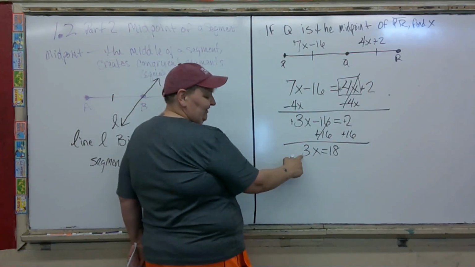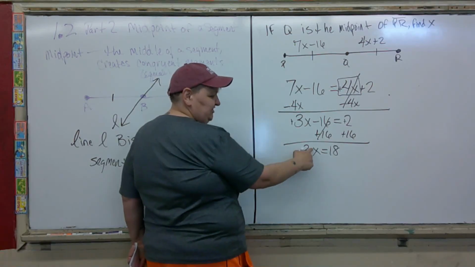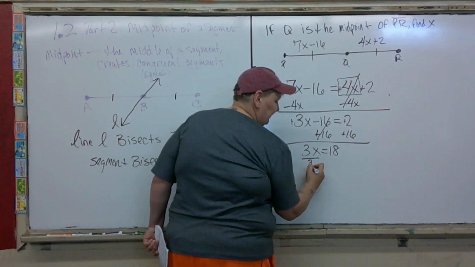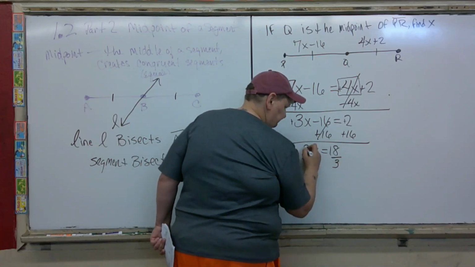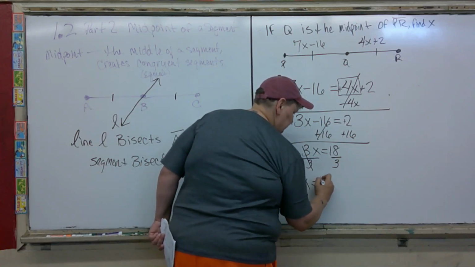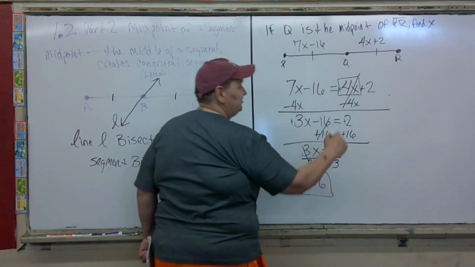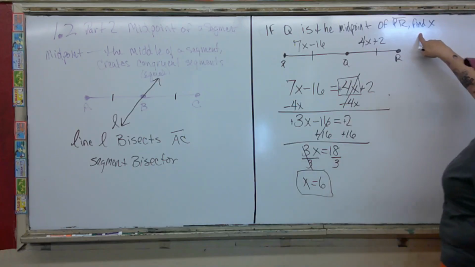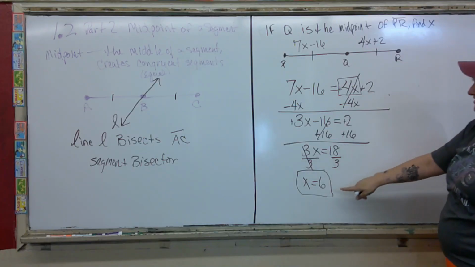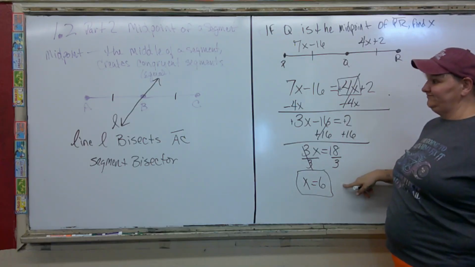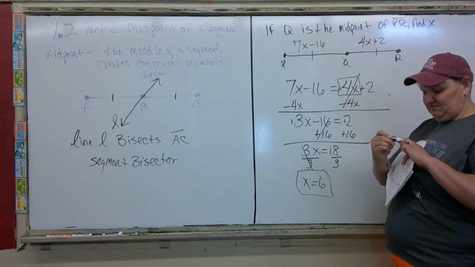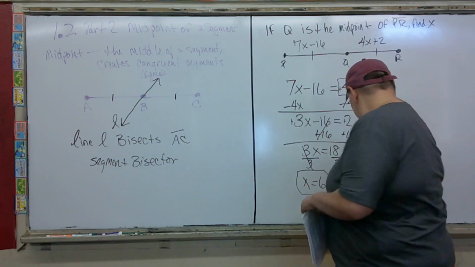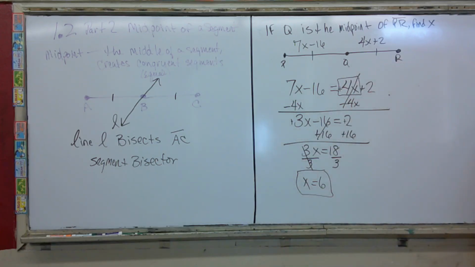Alright, now we're going to cancel the coefficient. This is 3 times x, so we're going to divide by 3. X equals 6. Always go back and make sure you answer the actual question. This one's telling you to find x, so we're done. Right? If it tells you to find something else, you need to find that something else.